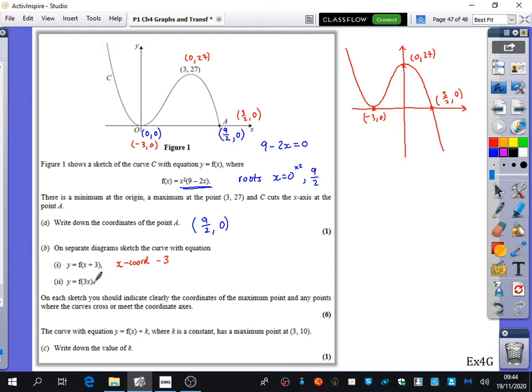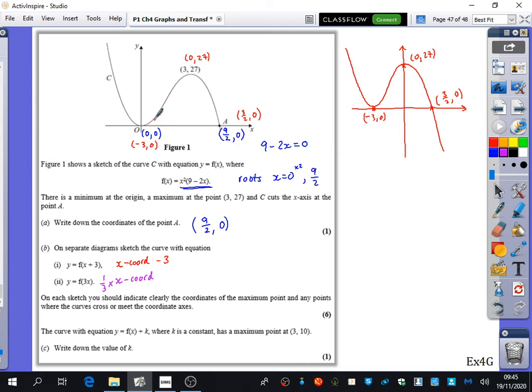And what's going to happen to this one that we've got here? So the x coordinate is going to be multiplied by a third. If they asked you to describe it, you would say it is a stretch in the x direction, scale factor a third. But if we're talking about what's happening to the coordinates, they're all being divided by 3.